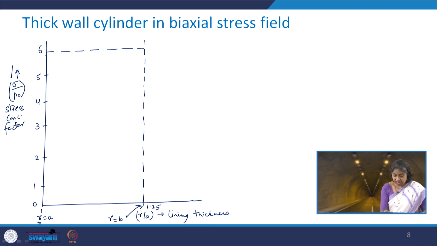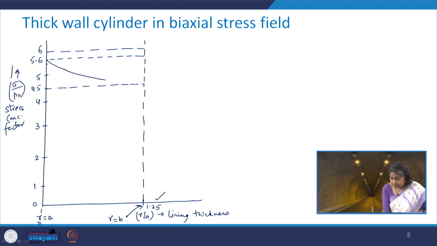Okay, so, we had here 5.6. So, somewhere here it is going to be, so this value is 5.6. Okay, and R is equal to B, when B by A was 1.25, that was 4.5. So, 4.5 is somewhere here. So, I draw another line and then the variation is going to be something like this. So, this is going to be the variation of sigma theta along with the lining thickness.